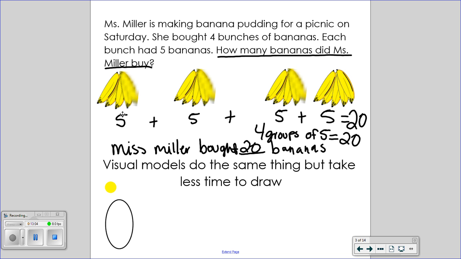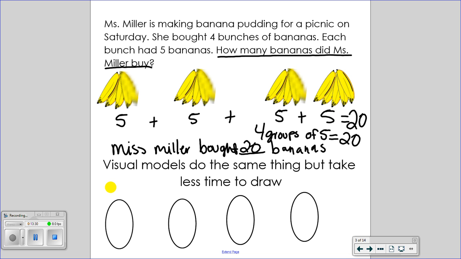What that is, I want you to make 4 circles. Make them pretty large because these are going to be your groups. So here are my 4 groups. What are my groups representing? No, they're not representing bananas. What are my groups representing, Natalie?